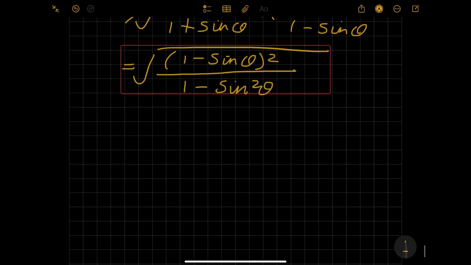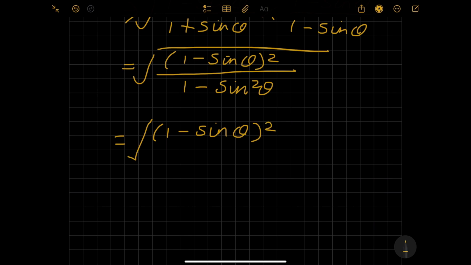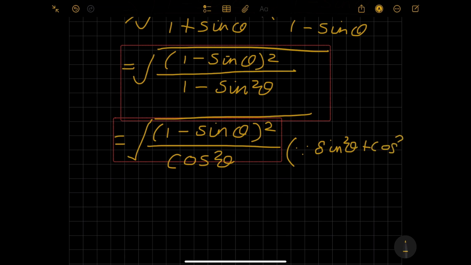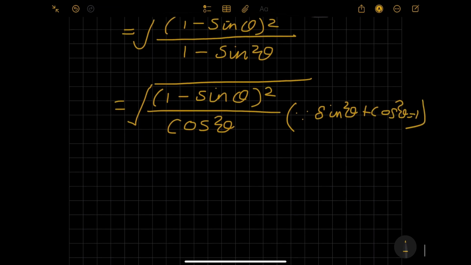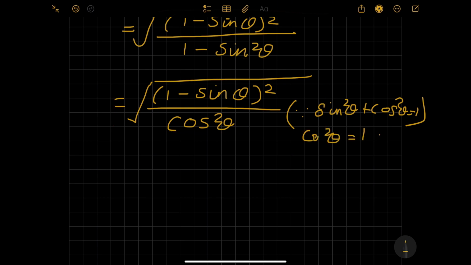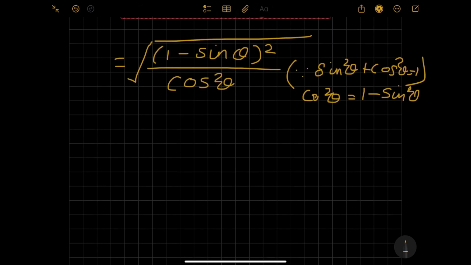Now for the denominator, 1 subtract sin square theta is cos square theta. From where did it come? We know that sin square theta plus cos square theta gives us 1, right? So I just rearranged it, and for cos square theta we get 1 subtract sin square theta. That's why I replaced this.